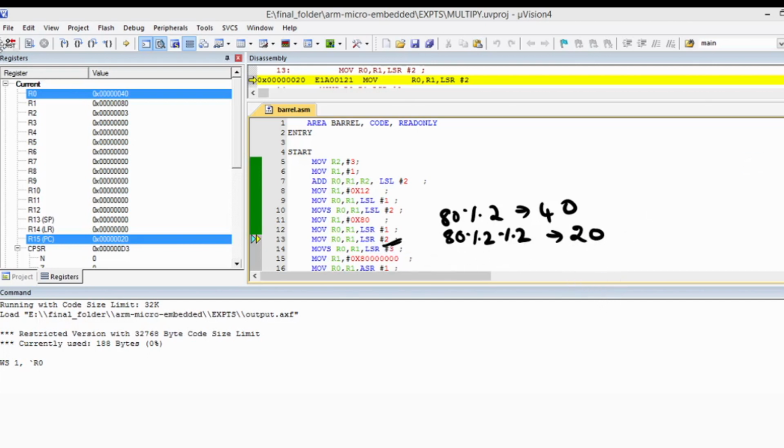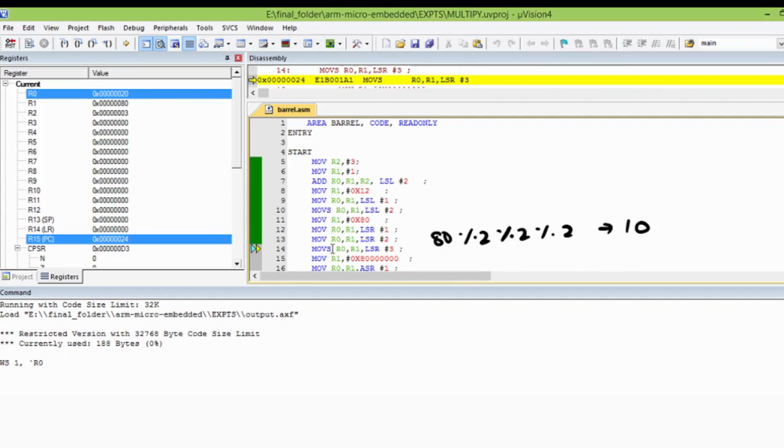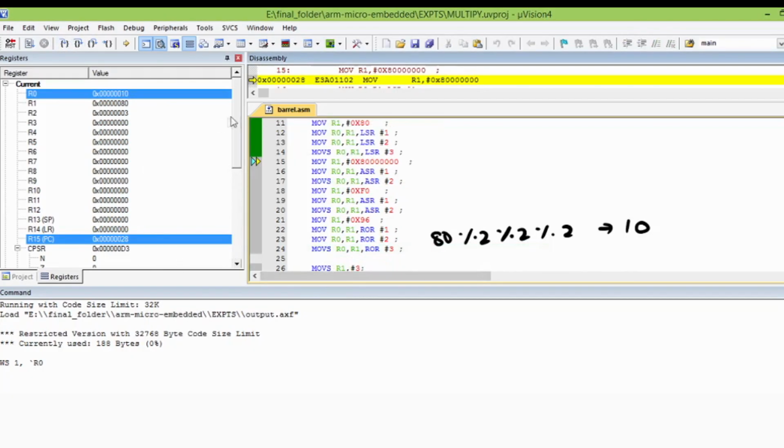Let's see if that is what we obtain here. Yes, and next we have LSR #3. LSR #3 means 80 divided by 2 divided by 2 again divided by 2, that is divided by 8, and the answer is 10. Let's see if that happens, and we have even used an S here to set the conditional flags.